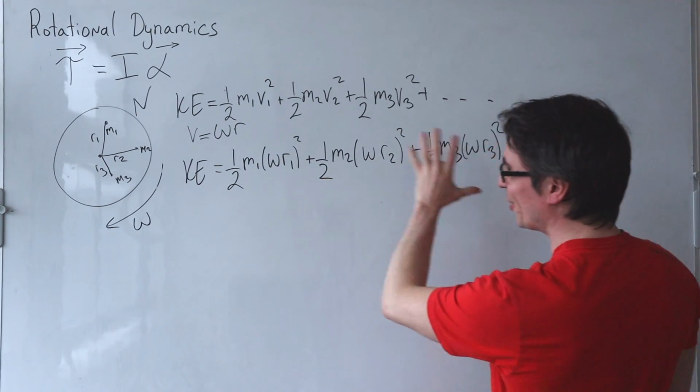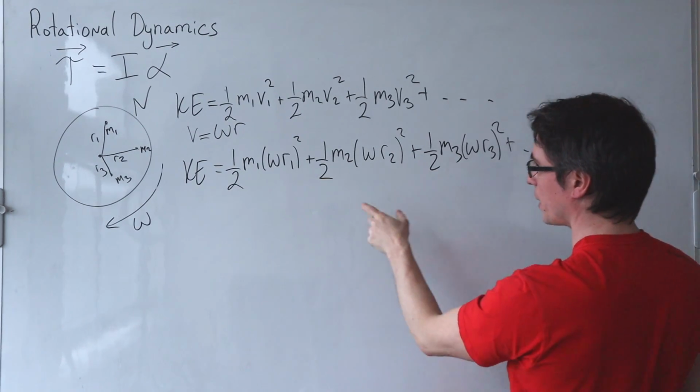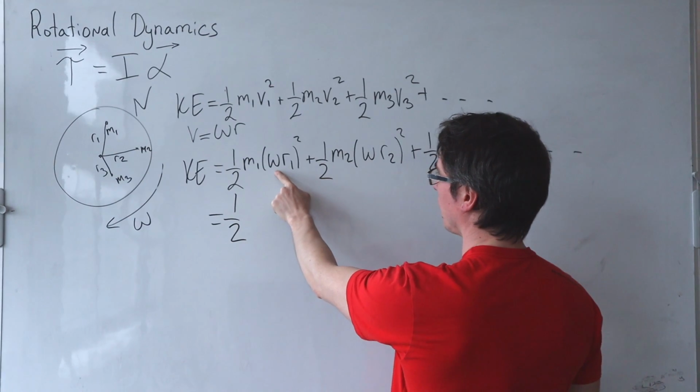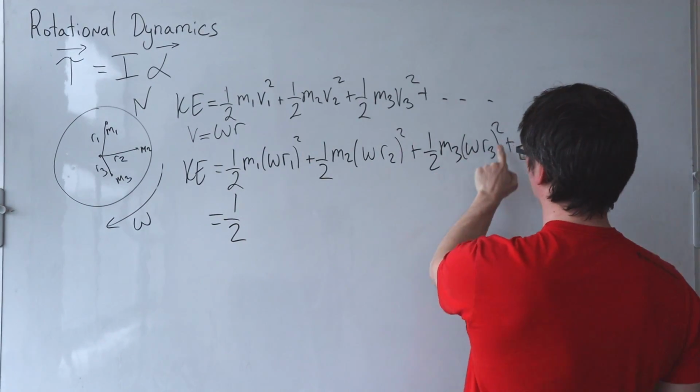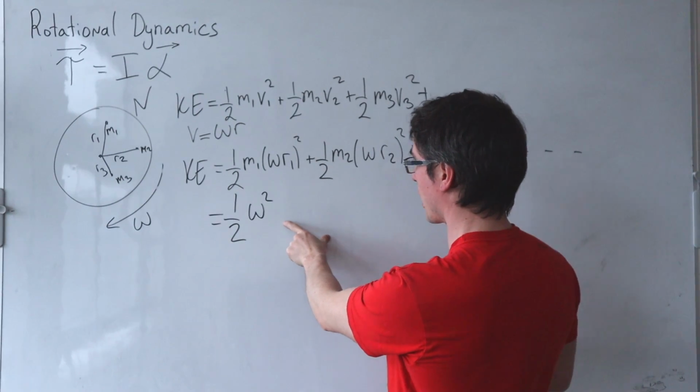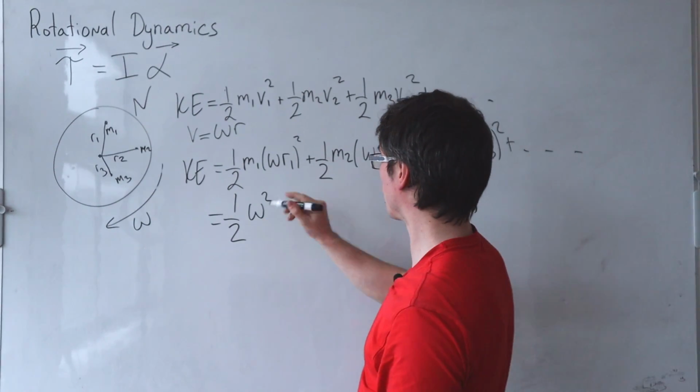Now, looking at this equation, we can take out a factor of a half. Then we have omega squared that we can take out. And what are we going to be left with?